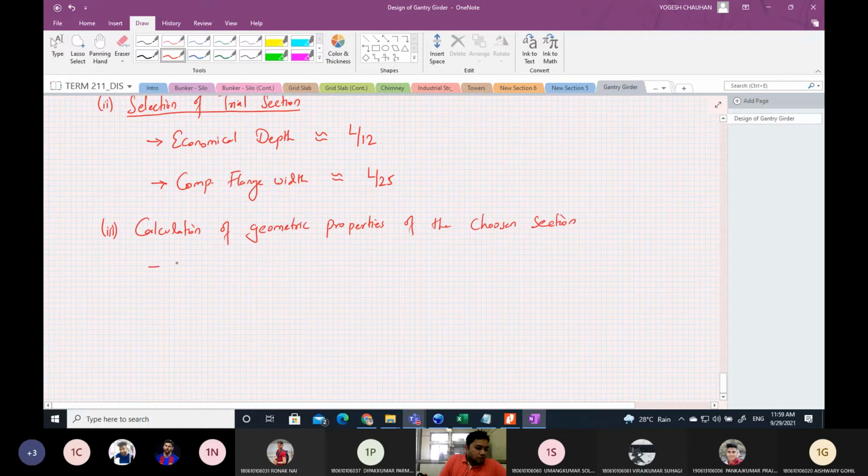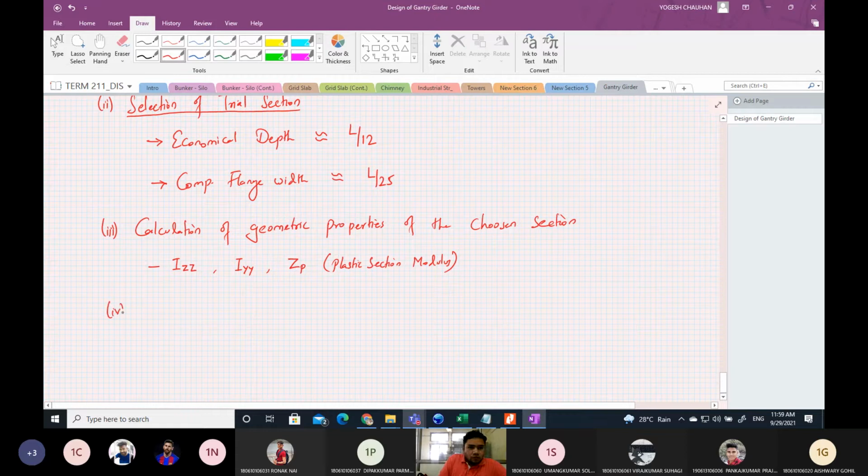In which we find moment of inertia about ZZ axis, means about major axis. Then we find moment of inertia about YY axis, that is minor axis. Then we find the plastic section modulus. Okay.